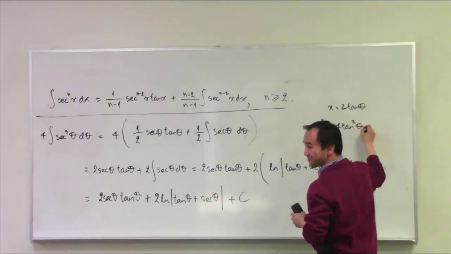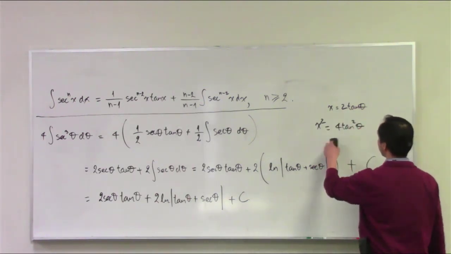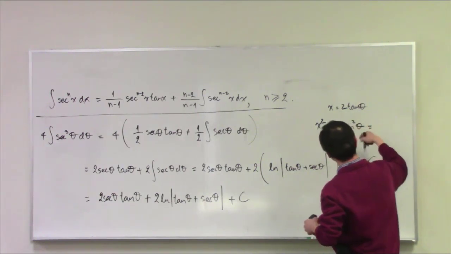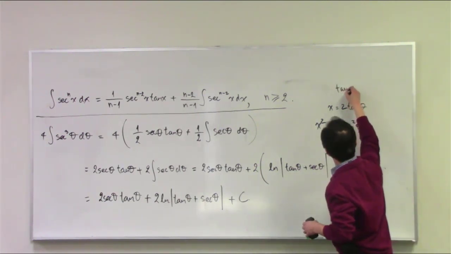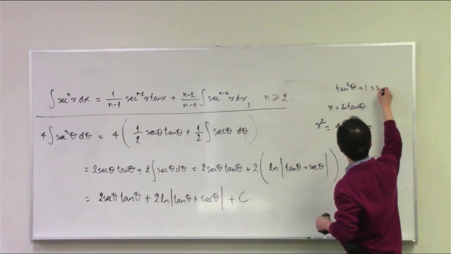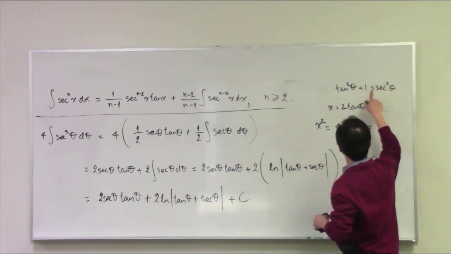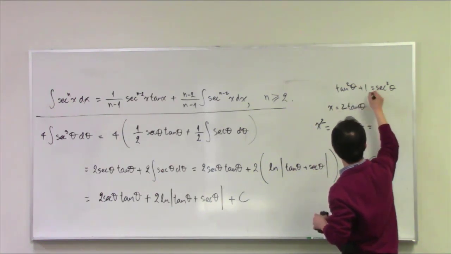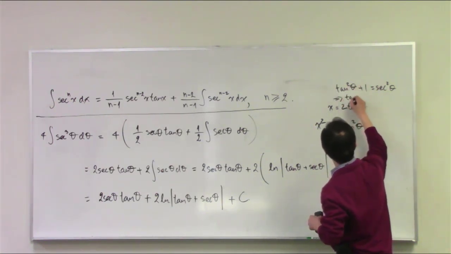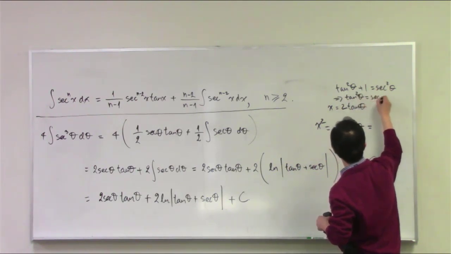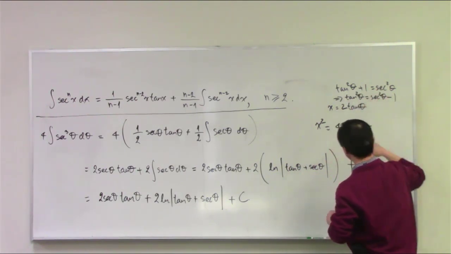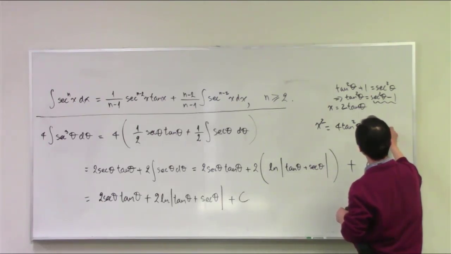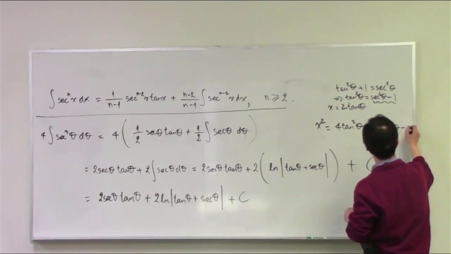You guys agree? Tangent squared plus 1 equals secant squared, so you can think of it the other way around: tangent squared theta equals secant squared theta minus 1. I'm going to substitute that into this tangent squared right here. Look at it: 4 secant squared theta minus 4.